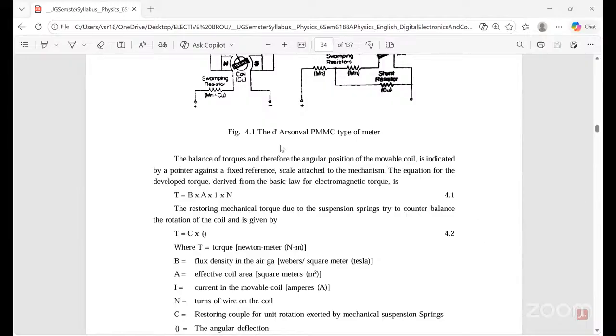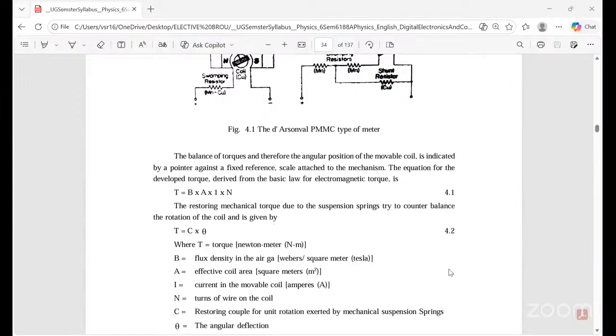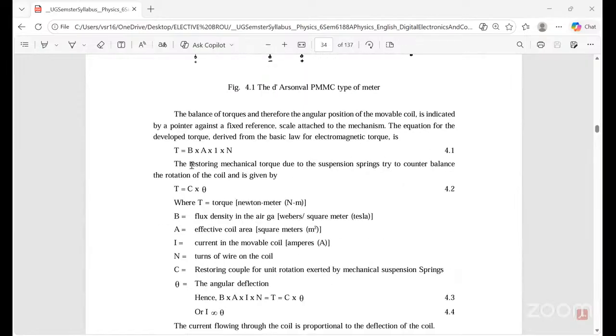So the equation for the torque: tau equals BANI cos theta. The restoring mechanical torque, the suspension springs try to counterbalance by rotating: tau equals C theta.